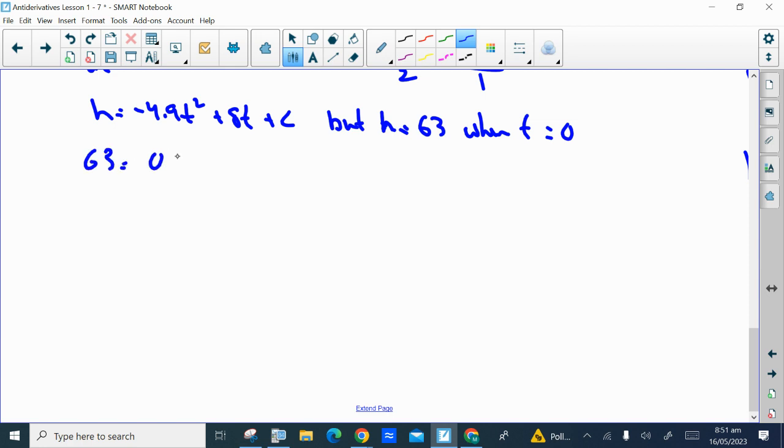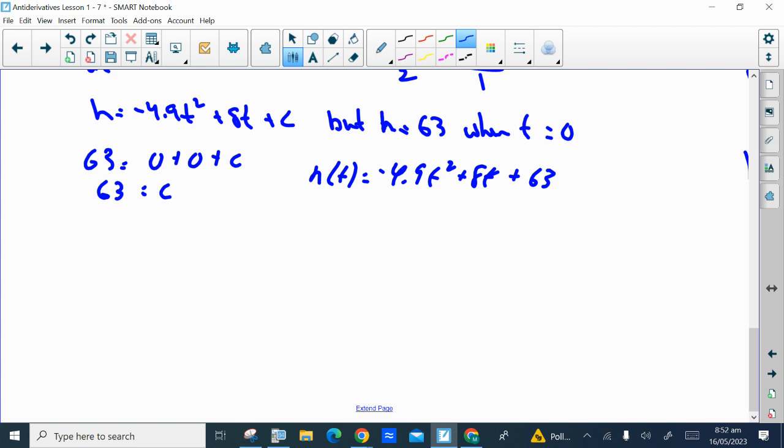So that'll be 0 plus 0 plus c. So c equals 63. And our equation for h at t will be negative 4.9 t squared plus 8t plus 63.